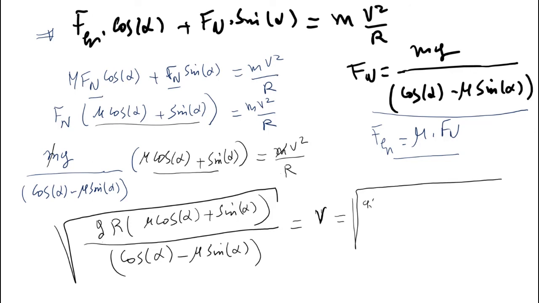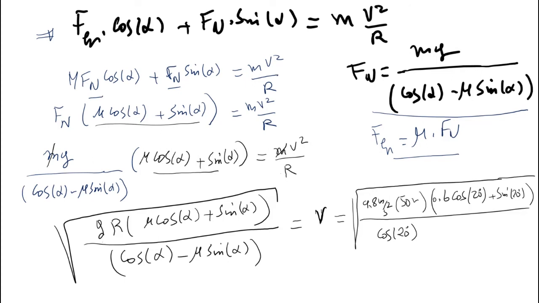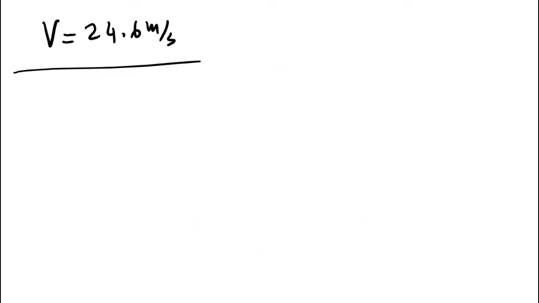It will be 9.8 meters per second squared times 50 meters, times 0.6 cosine of 20 degrees plus sine of 20 degrees, divided by cosine of 20 degrees minus 0.6 sine of 20 degrees. The maximum speed is 24.6 meters per second.